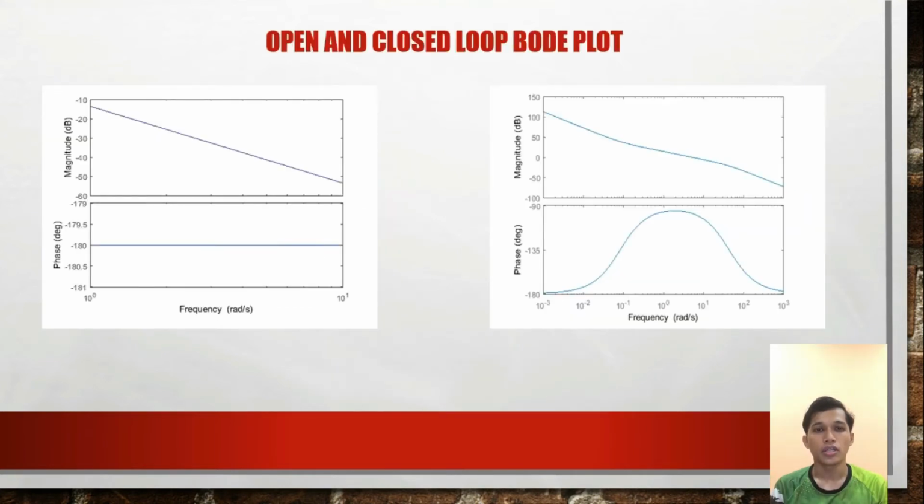Now on the left figure, we can see the Bode plot of the open loop system with a phase margin of 0, therefore it is unstable. But on the right figure, we can see the system was stabilized using the PID controller, with a closed loop Bode plot with a phase margin of 85. The goal of the Bode plot is to estimate how the closed loop system acts via a controller to the system.